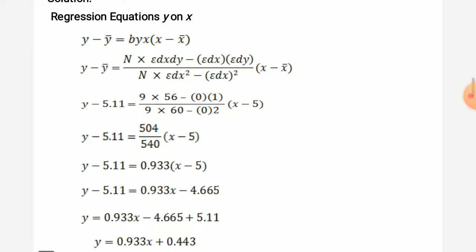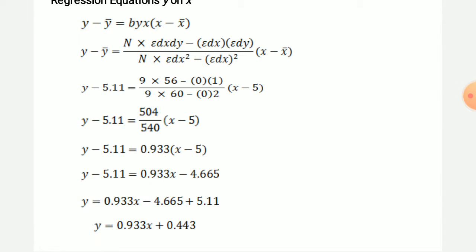Now y minus 5.11 is equal to 504 by 540 equals 0.933 into x minus 5. Now y minus 5.11 is equal to 0.933x, plus into minus, minus 0.933 into 5, 4.665.